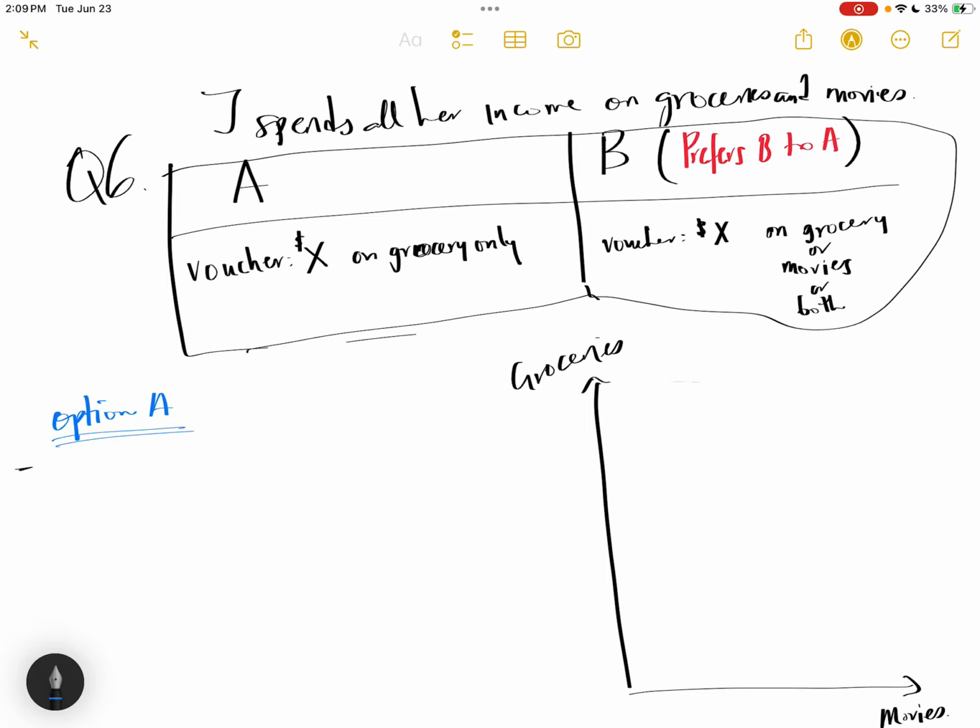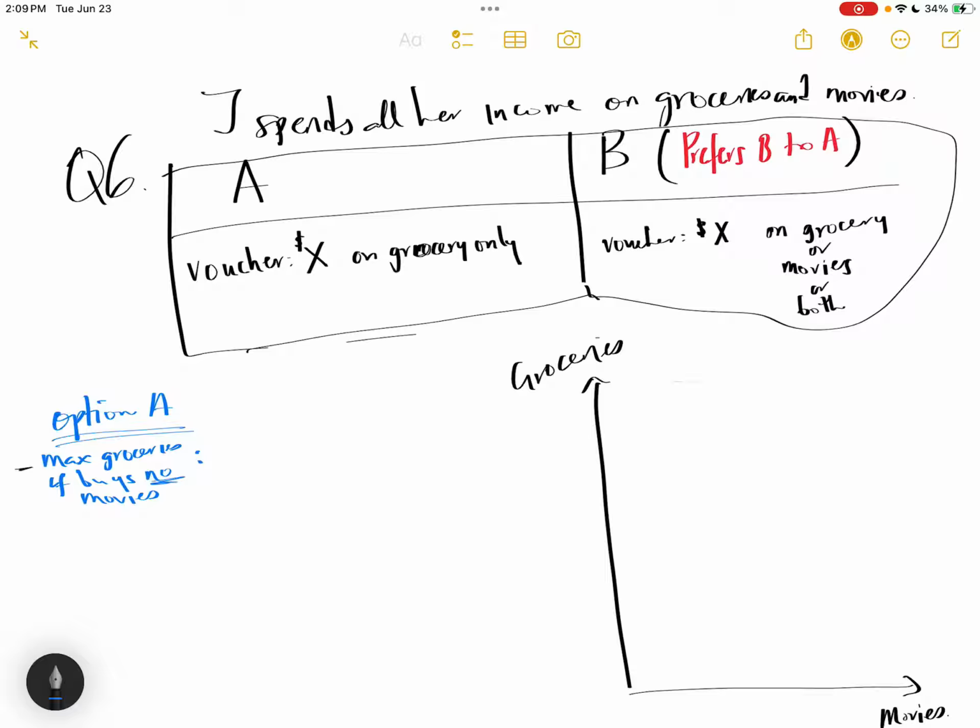So the max groceries if she buys no movies will be, well, her voucher, right?